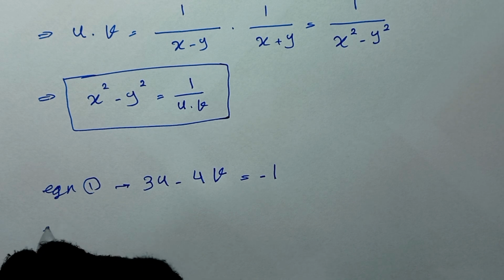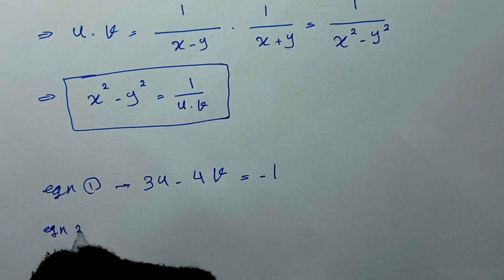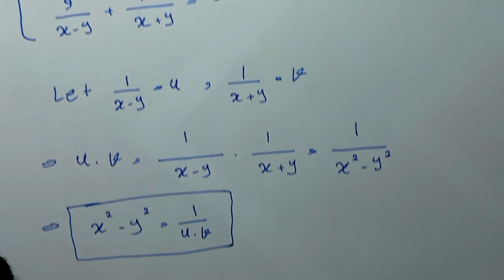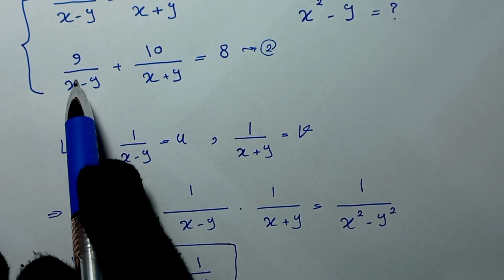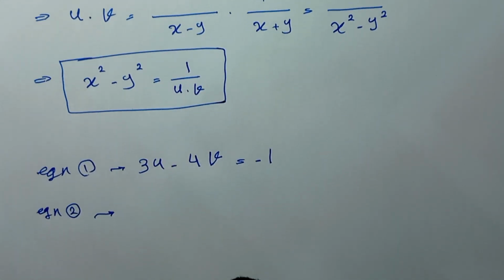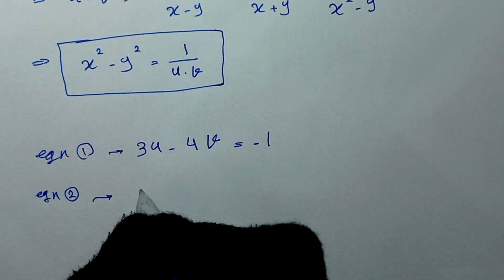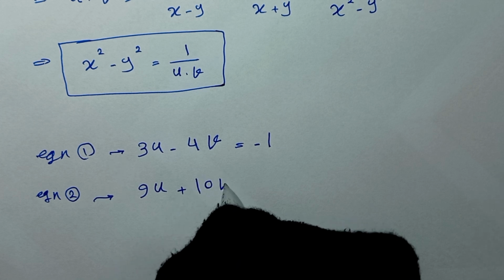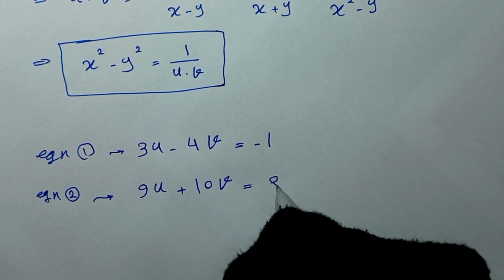And from equation 2, we have, in here it will be 9u plus 10v is equal to 8, right? So in here, 9u plus 10v is equal to 8.